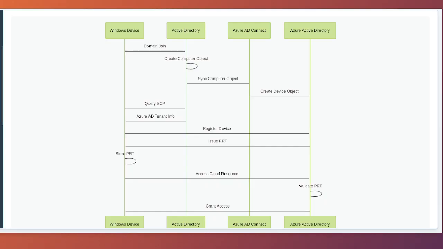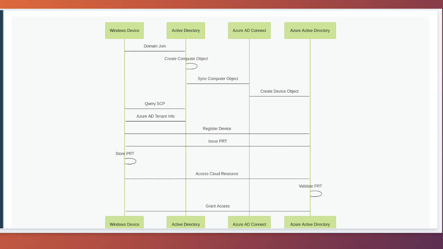When Azure AD Connect synchronizes device objects, it creates computer objects in Azure AD that correspond to domain-joined computers in Active Directory. The synchronization includes device attributes such as the computer name, operating system version, and device identifier, enabling Azure AD to track and manage these devices.